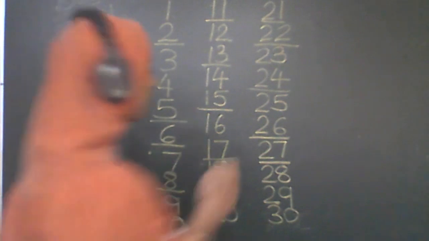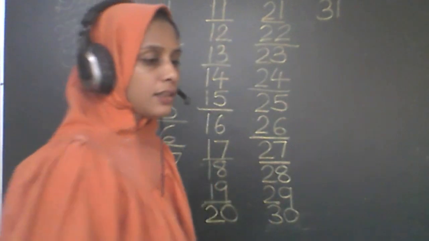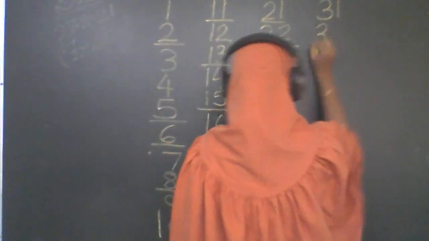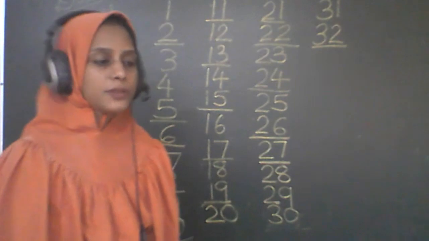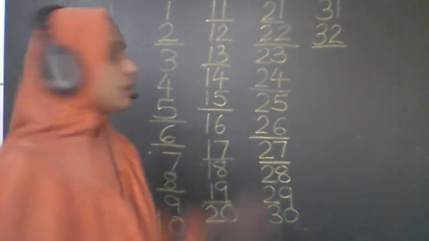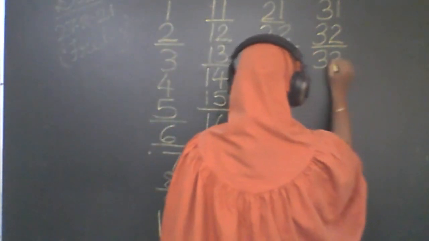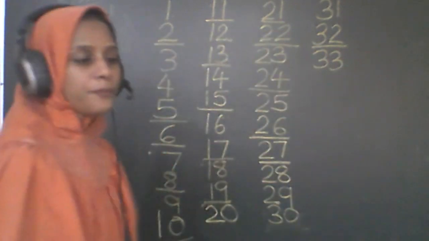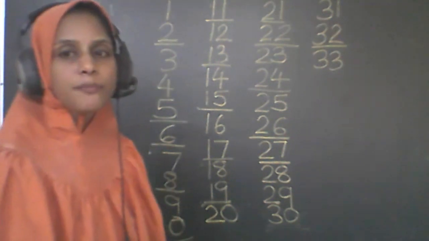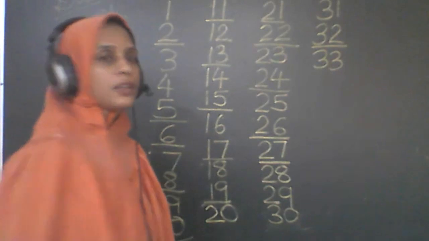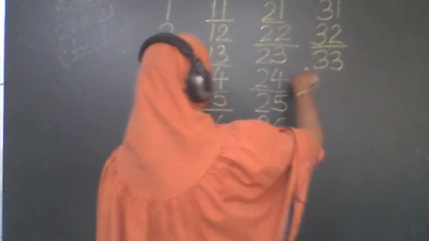Okay. Now in the next line, 31 is already written. After 31, 32. We have to count and fill all the missing numbers. 31 and 32. Now after 32, 33 is already written. Pramukh, switch on the camera. And Satvik. Now after 33, the number is missing. So 31, 32, 33.